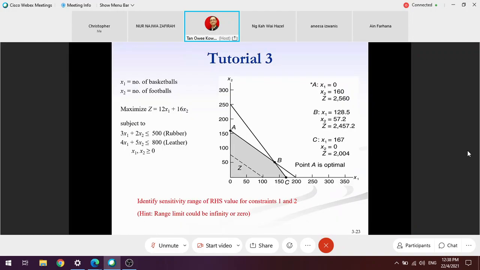This tutorial is basically to find the sensitivity range for the right-hand side value. This tutorial is different from the example we discussed in the class.